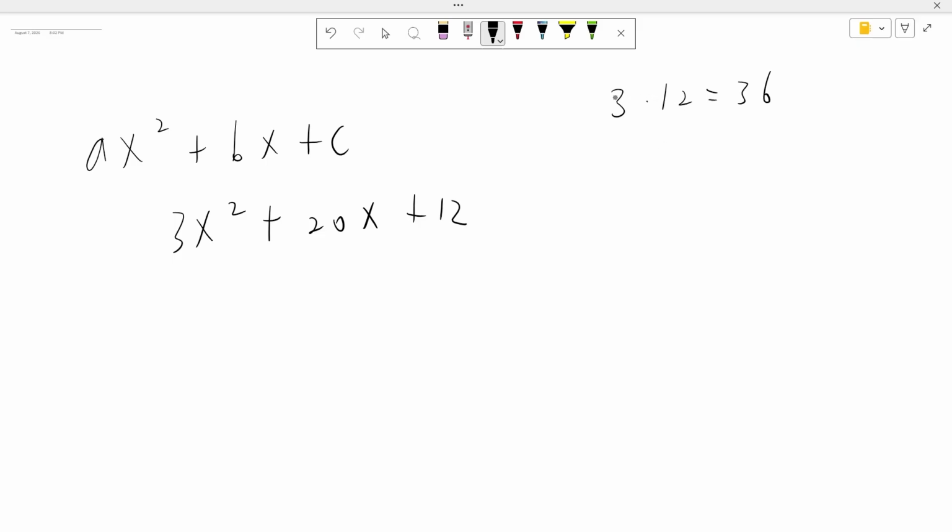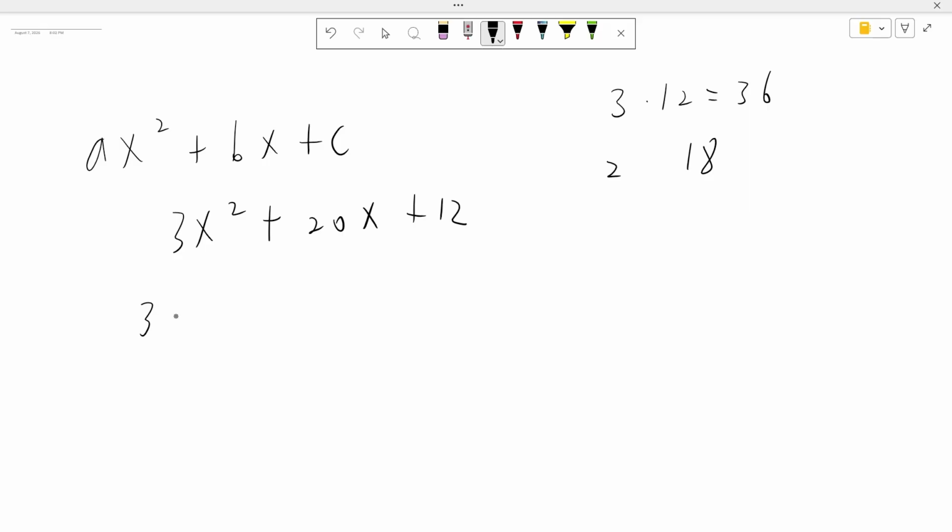So let's try adding them. 3 plus 12 results in 15, but that's not 20. So these two numbers are no good, but we can try to divide this number by other numbers. 2 divides evenly, and the quotient is 18. Oh look, 2 plus 18 results in 20. So we found our two numbers.